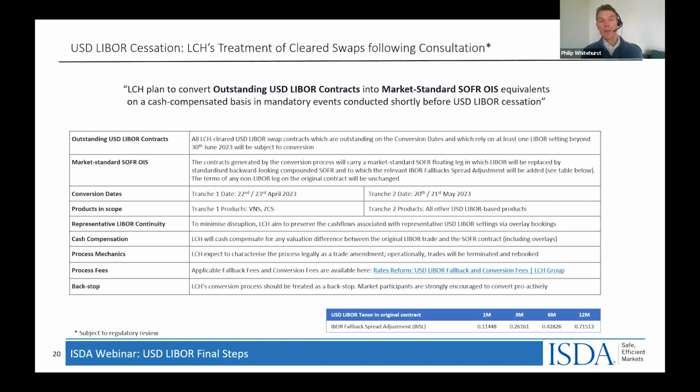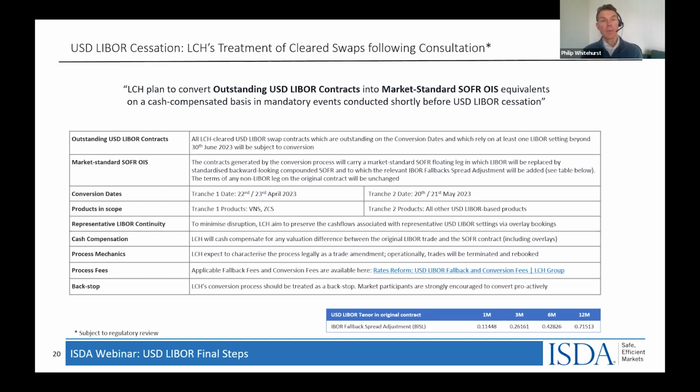In terms of the two tranche process that we've announced, you can see in front of you what is involved in tranche 1 and what is involved in tranche 2. One thing I want to highlight: we have relatively recently deferred LIBOR versus Fed funds basis swaps from tranche 1.